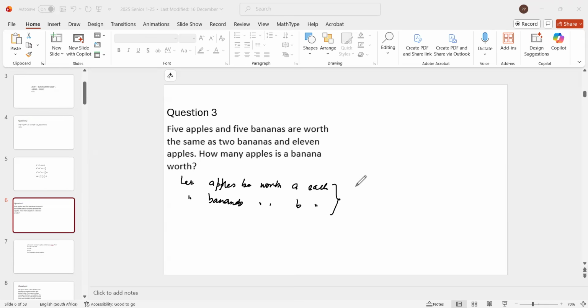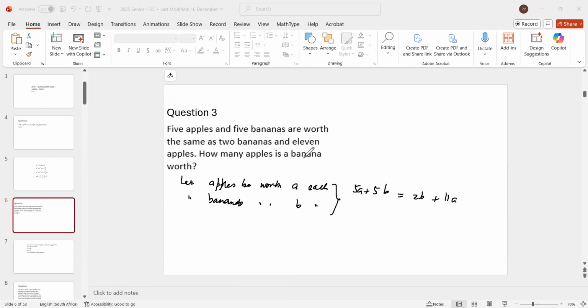So we've got 5 apples are worth 5A, 5 bananas is 5B. So together, they are worth the same as 2 bananas plus 11 apples. So the price is the same.